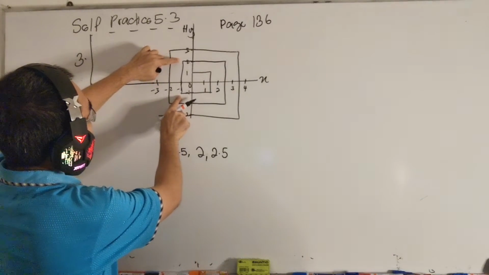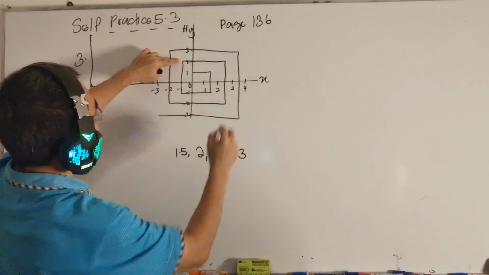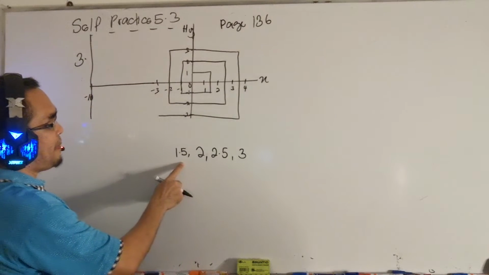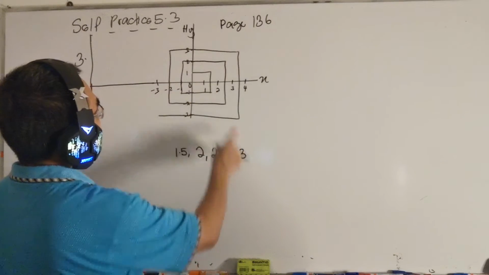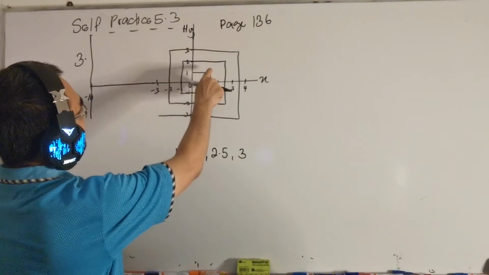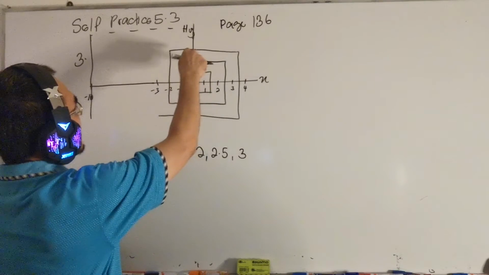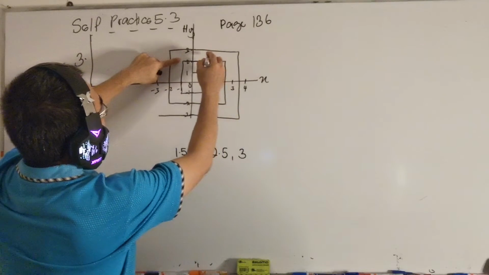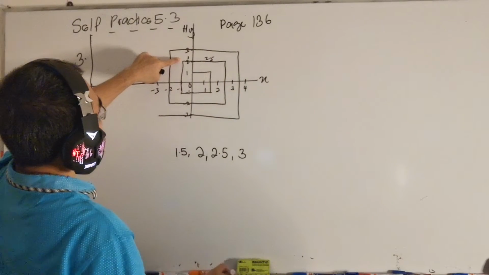From here to here, it will be 3. So you can see the pattern: 1.5, 2, 2.5, 3. Then from -1 until 2.5, because the length here is 2.5 and the length here is 1.